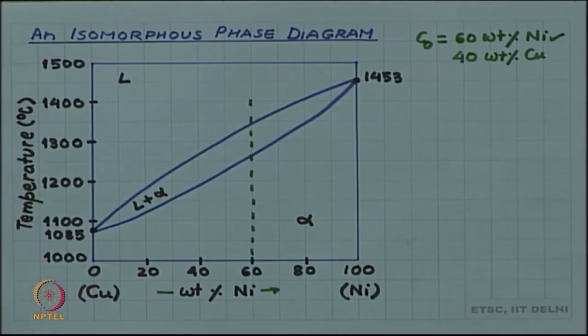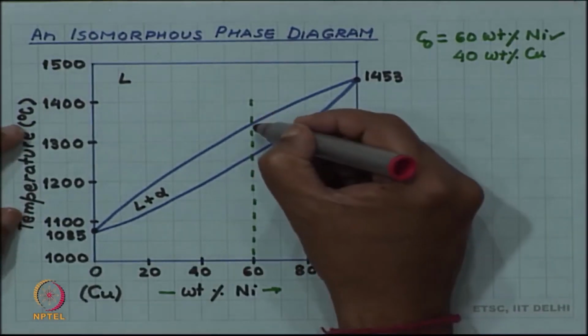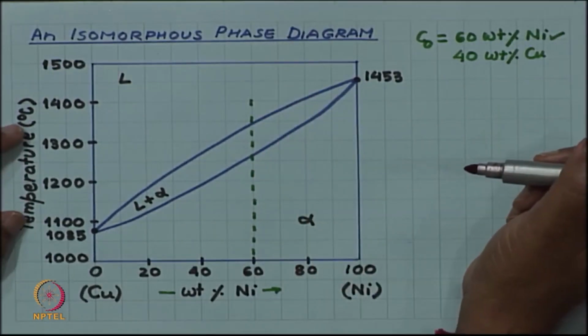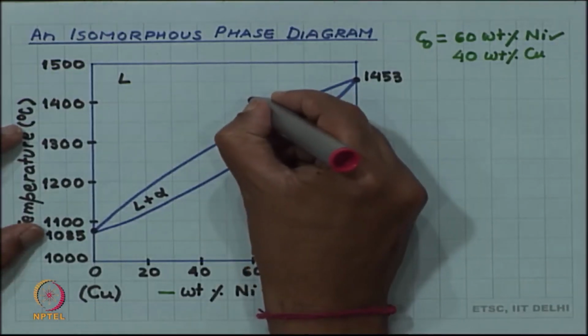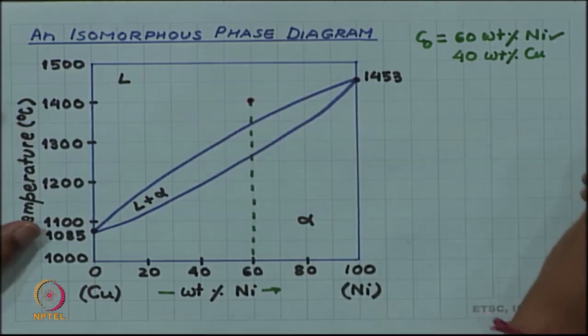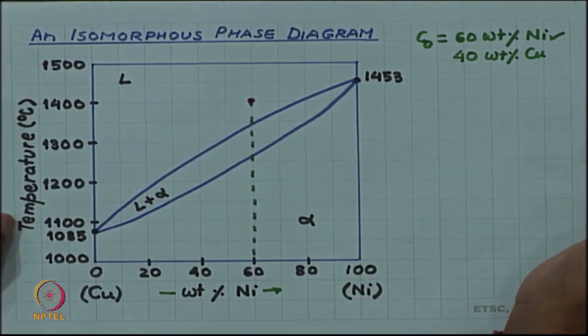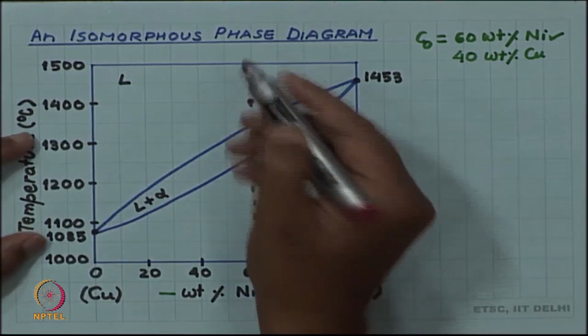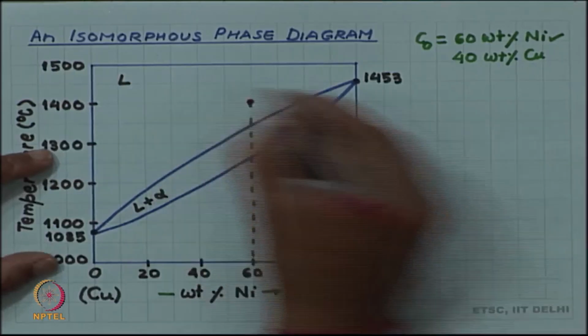If this alloy is at a high temperature, and by high temperature we mean above the liquidus temperature, suppose it is at this temperature, then the phase diagram tells us that the phase present is the liquid phase. So, the entire sample here will be a liquid phase.